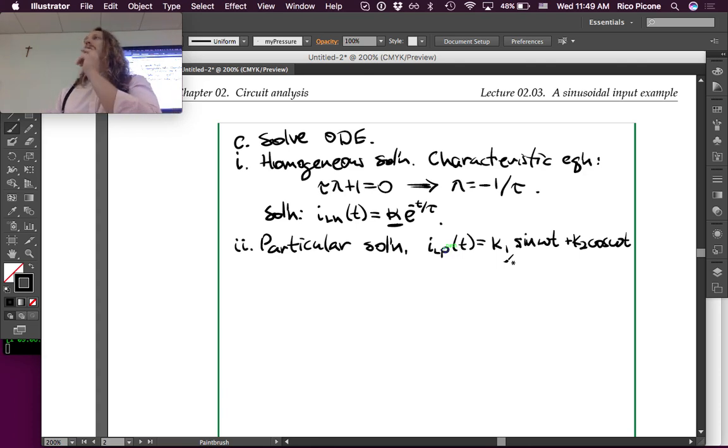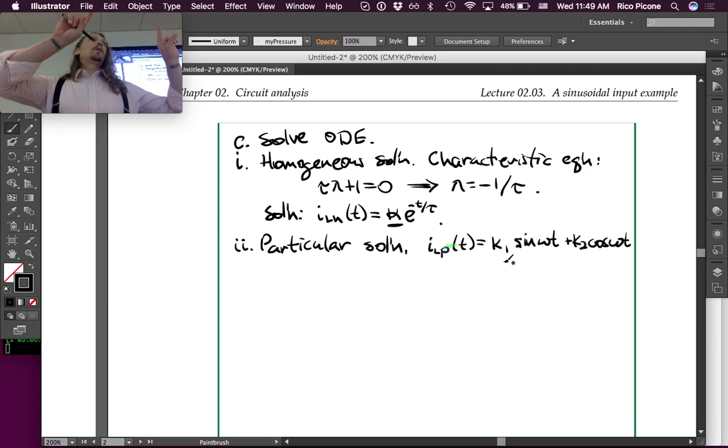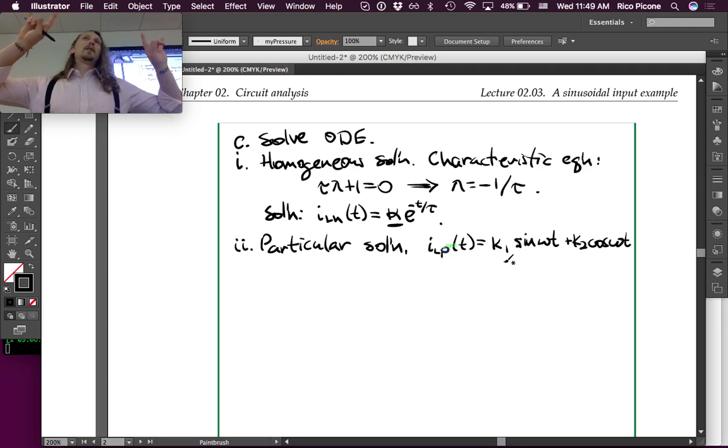And you might say, how are we going to get from one equation two constants? And I'll tell you the secret. We still have a minute left, so you still get another moment of secret. The secret is that you can set equal the cosine coefficients and the sine coefficients on each side. So on the left-hand side, you're going to end up with a bunch of sines and cosines.